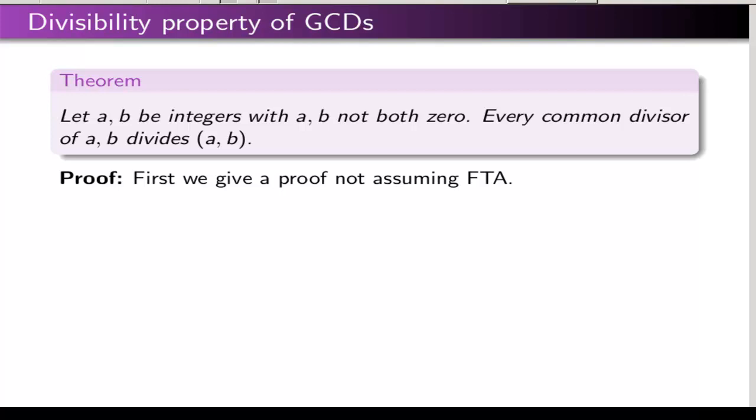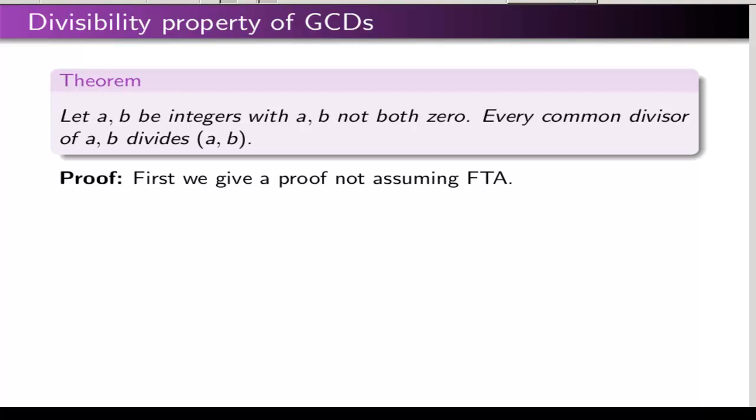Now there's two proofs we'll give here. One proof doesn't involve the fundamental theorem of arithmetic, and then later we'll give one that makes use of the fundamental theorem of arithmetic. So I want to show that every common divisor is a divisor of the greatest common divisor.